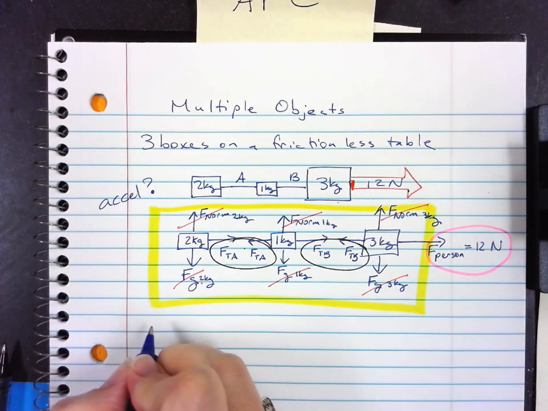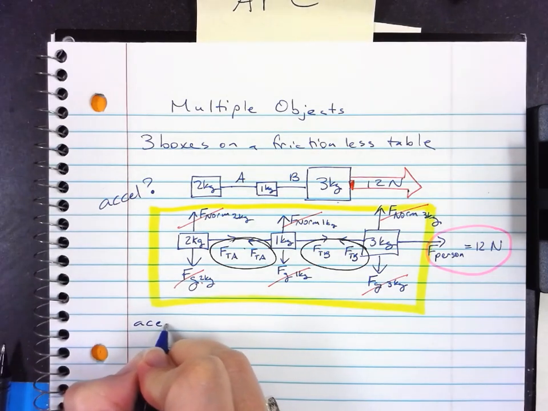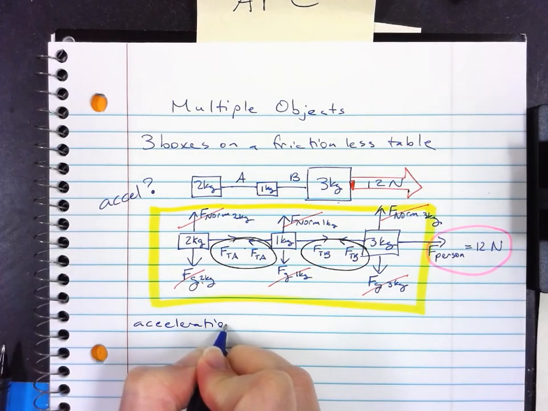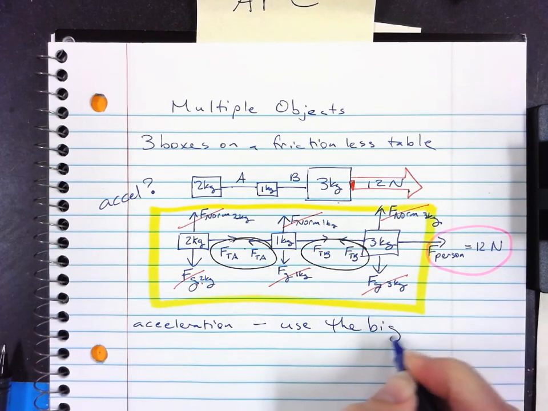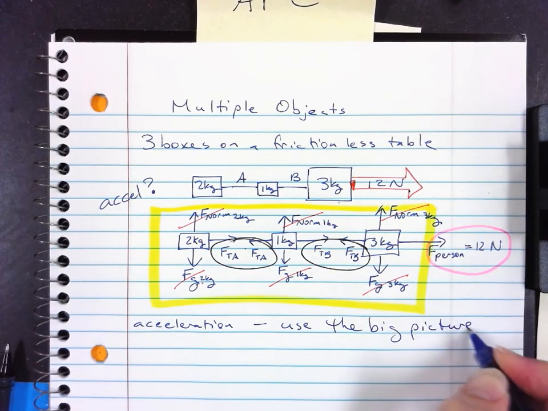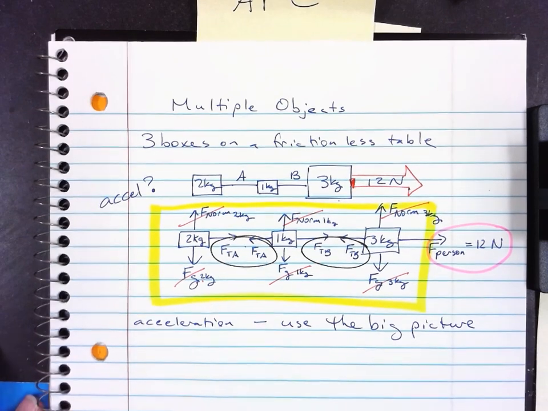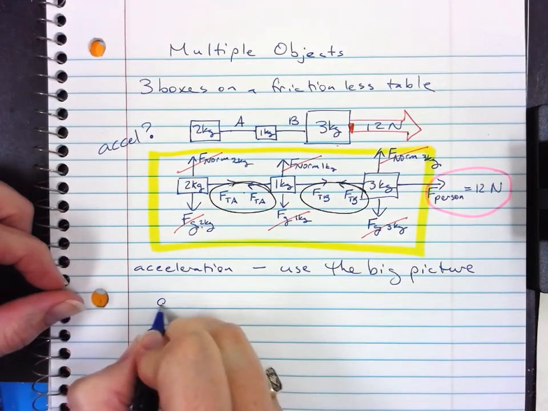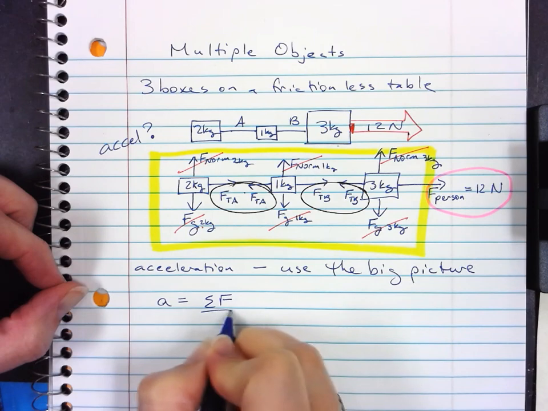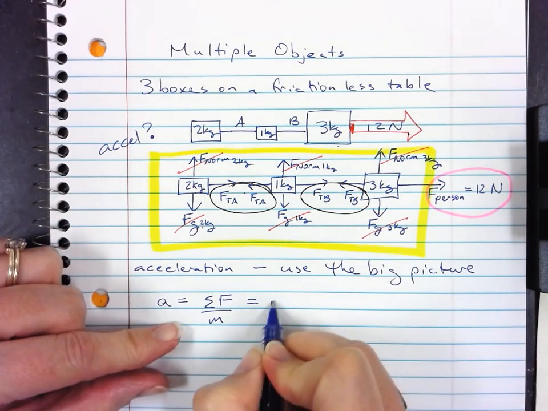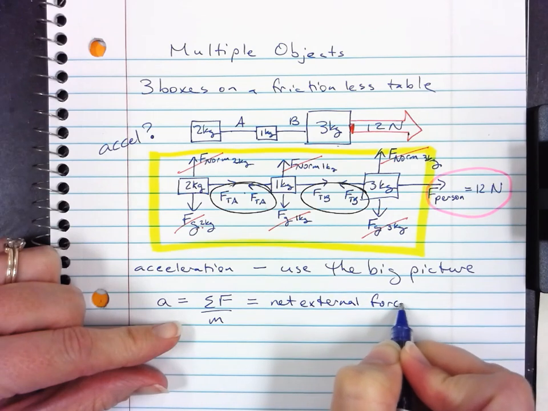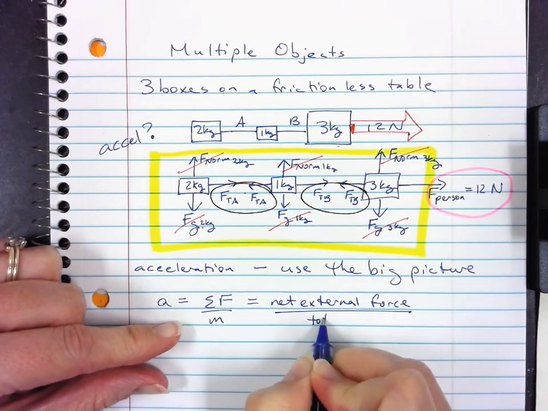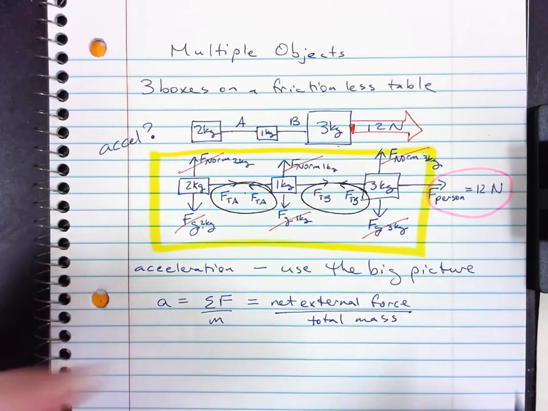So, in order to find the acceleration, use the big picture. This is some phrasing I got from actually somebody else's video that I really liked. Use the big picture. You know acceleration is net force divided by mass. This is net external force, and this is total mass.